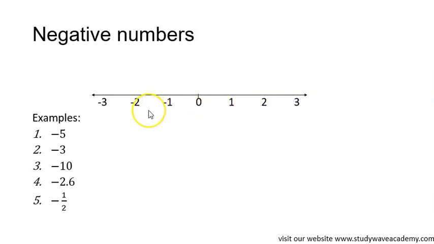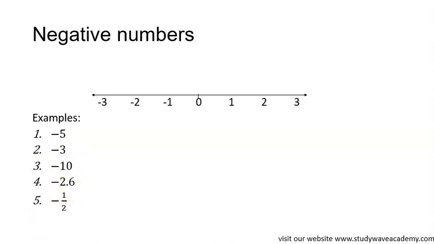So these are negative numbers at the left side, and these are positive numbers at the right side, okay? Negative numbers have minus in front of them. Do you understand? So I'm sure you are going to be able to identify negative numbers, right? So we have -5, different numbers that have minus in front of them, -2.6, okay?